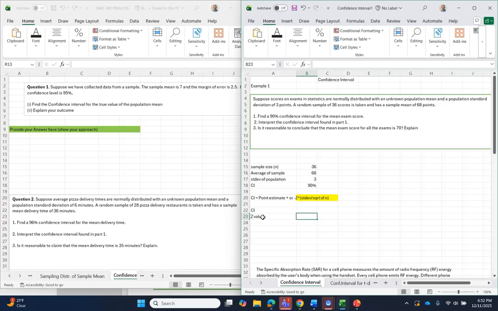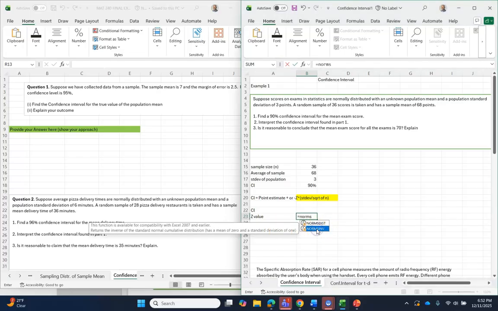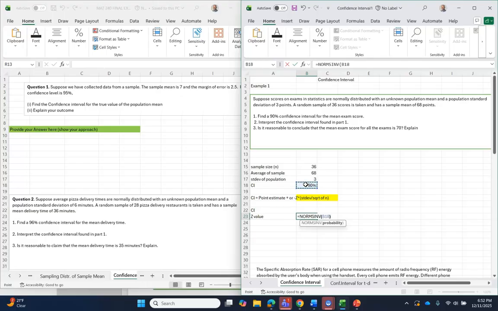All we have to do is put the equal sign and type NORM.S.INV. In this case, we need to put the probability here, so we click on the probability, close the bracket, and enter. I have to explain this function. This one is for Excel 2007.